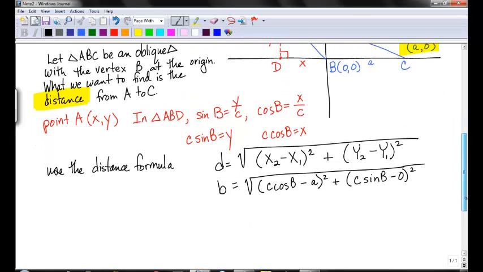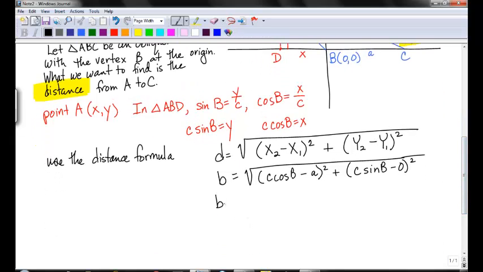Extend that radical out. Get rid of the radical, square both sides. If you square both sides, this becomes b squared and that radical's gone. Then all we have is c cosine of b minus a, quantity squared, plus c sine of b, quantity squared.